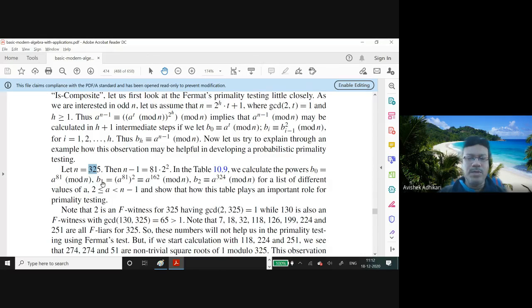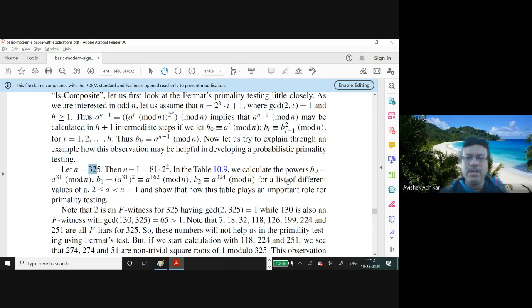Then b1 is making a square of a to the power 81. Then b2 is again a square of b1, which ultimately gives you a to the power 324, what you wanted to calculate, a to the power n minus 1. So you are done.